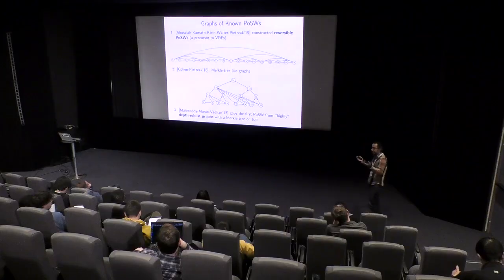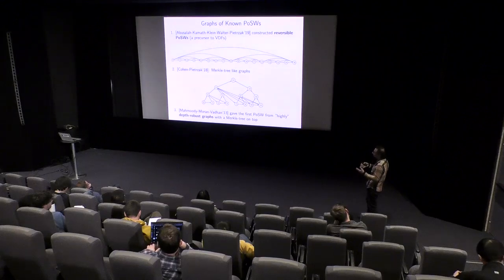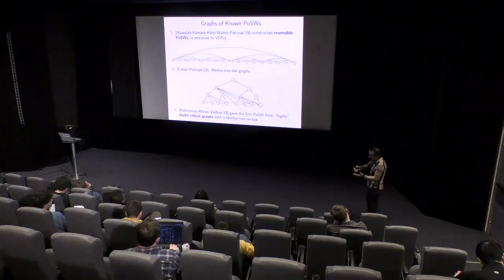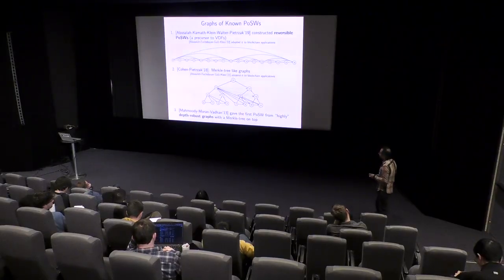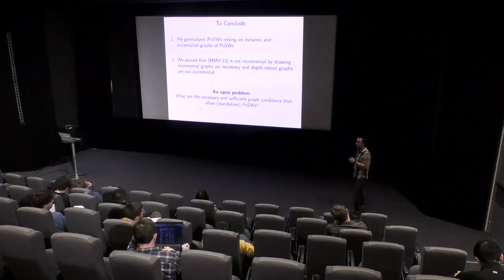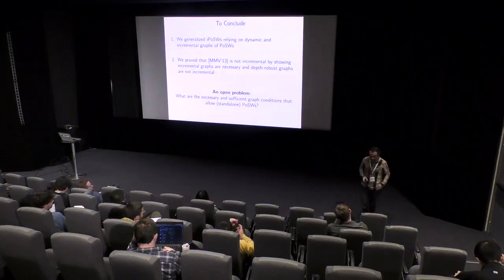We would like to understand the necessary conditions on these graphs to be able to describe it combinatorially and say, okay, any POSW graph must have these properties, and even better if you can also give sufficient conditions. As far as I know, this is a question that is open. Some people thought about it. I don't know what implications it may have, but it will give us some basic understanding of these problems. And thank you very much.